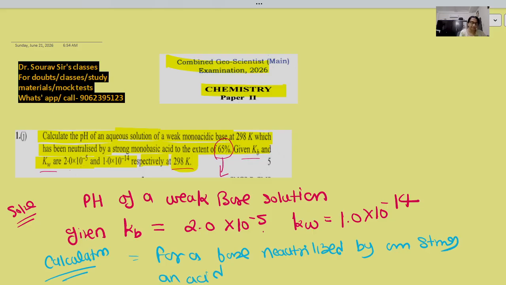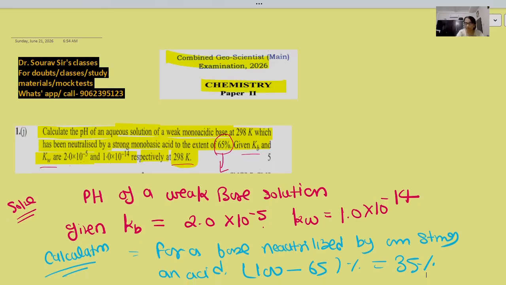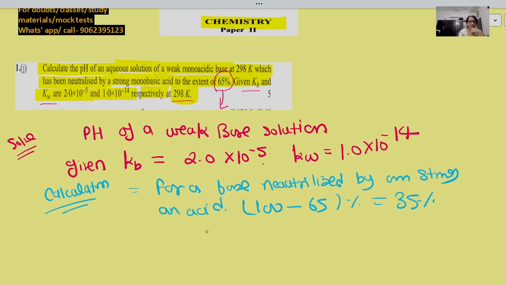The remaining base is 100 minus 65, that is 35% base, and the salt formed is 65%, because we already know that when acid and base react, a salt is formed.